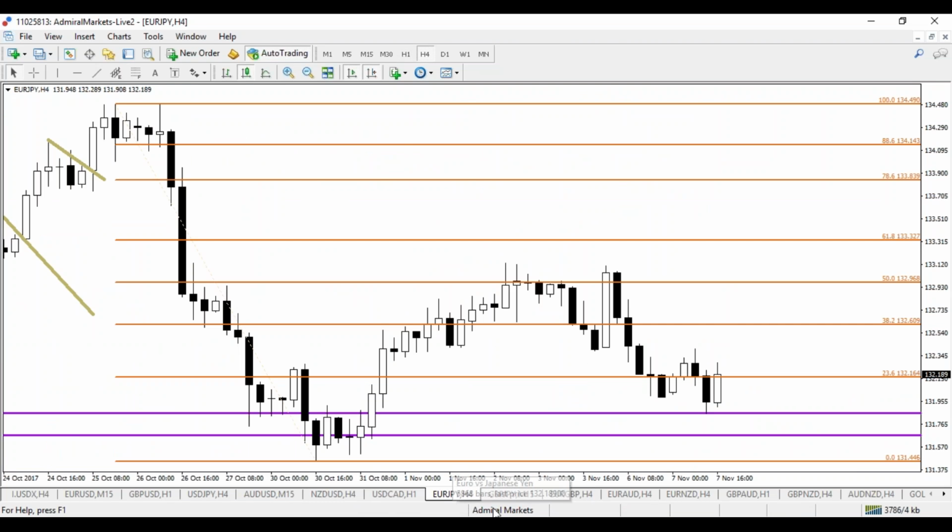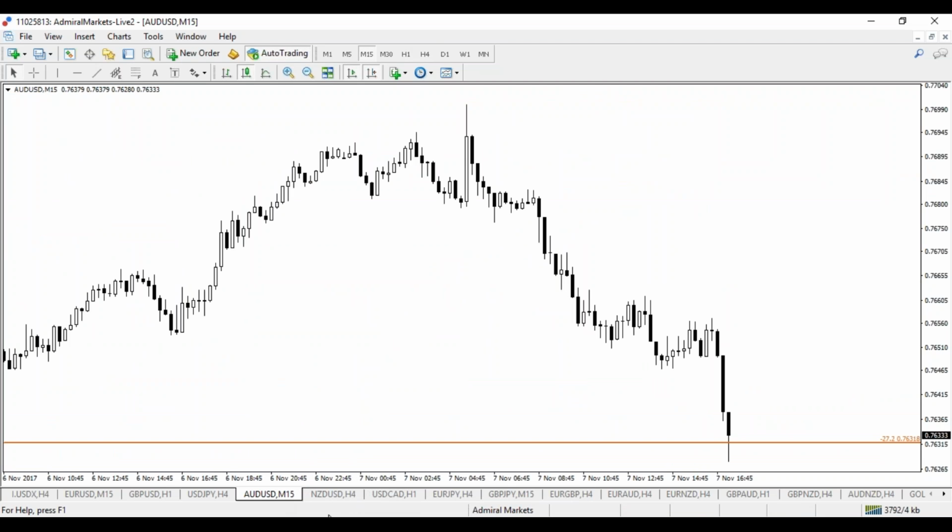Wow, CAD really weakening. Aussie moving quickly too.